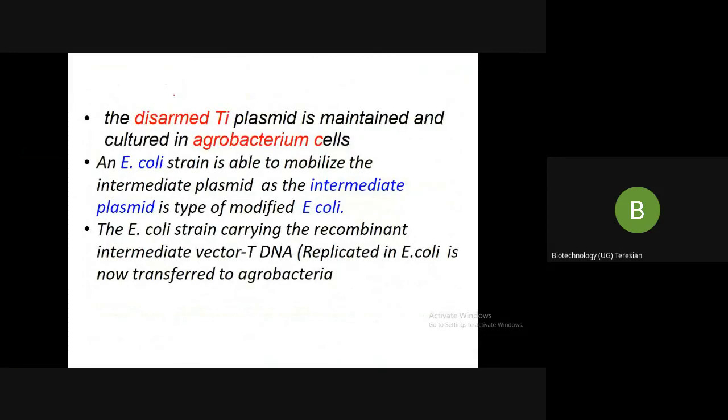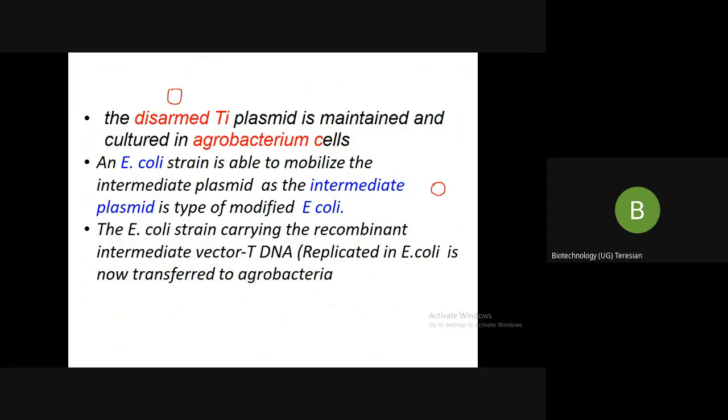So I have a disarmed Ti plasmid, and then what did I tell? I have an intermediate plasmid. Now, all this manipulation of constructing your plasmid is done in the laboratory by the scientist. After they have constructed the plasmid, they have to put it back into the bacteria.